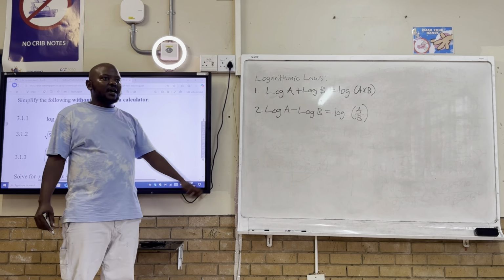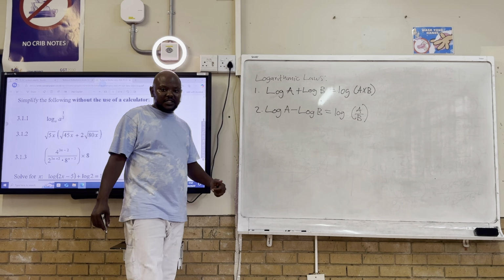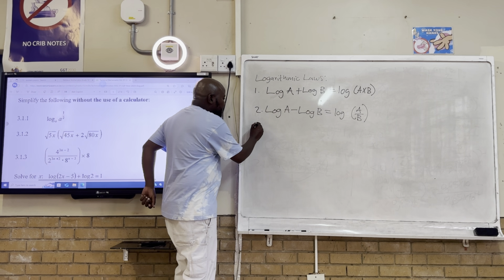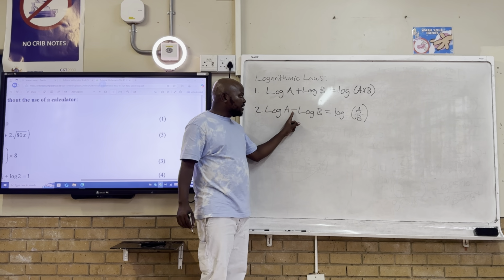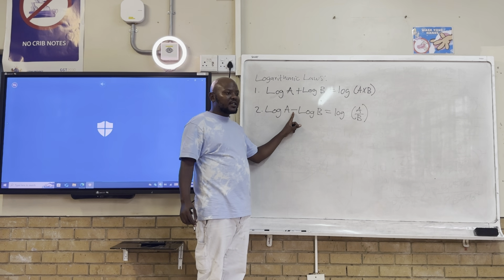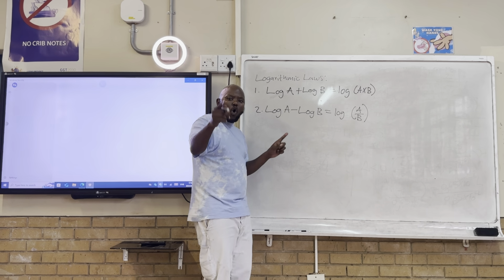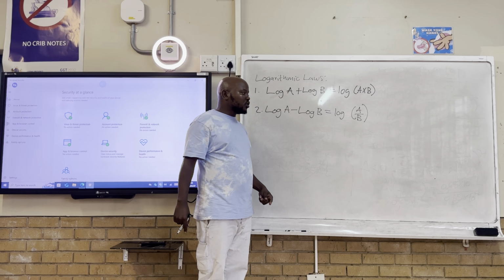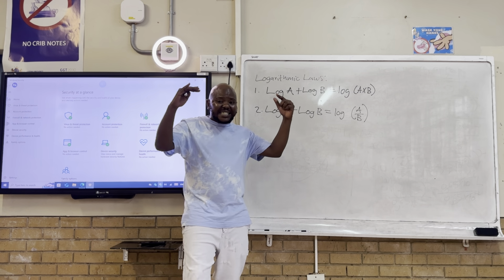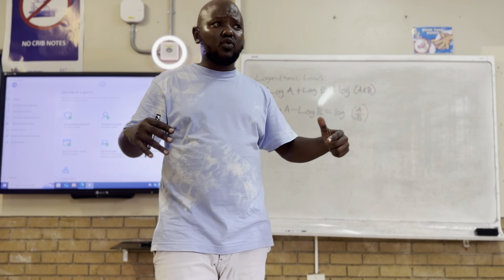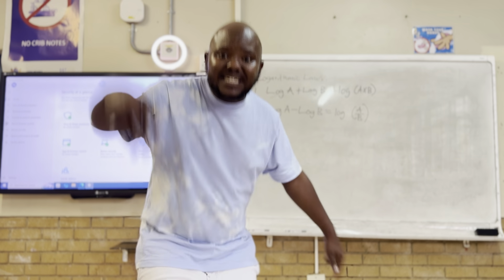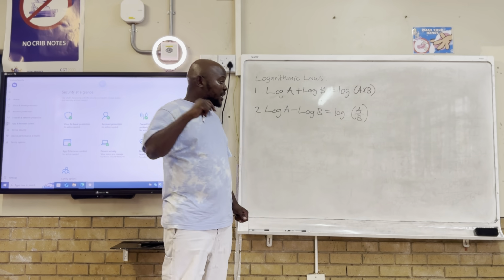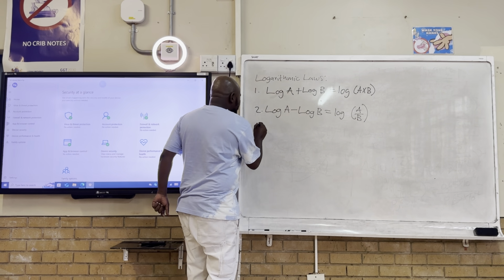That will be our second law of logarithms. This is an inverse of the quotient rule of the laws of exponents. Dividing the same base, we subtract the exponents.